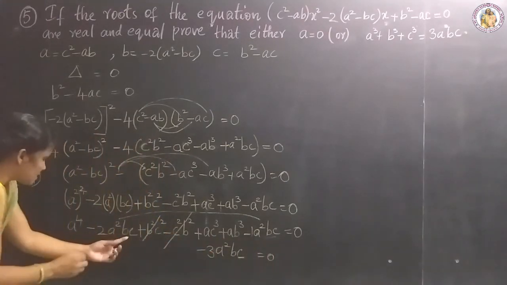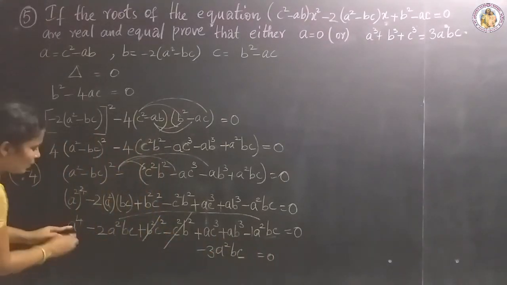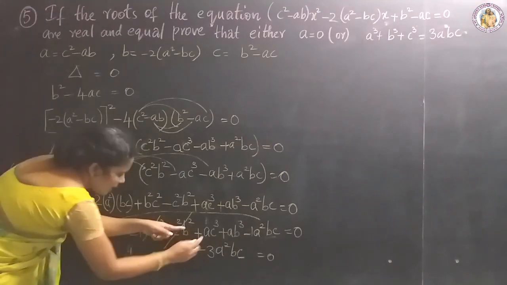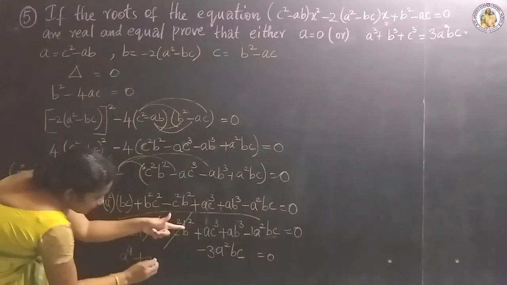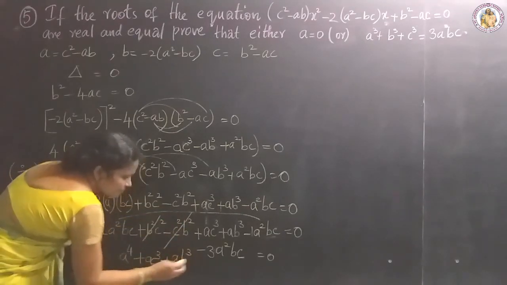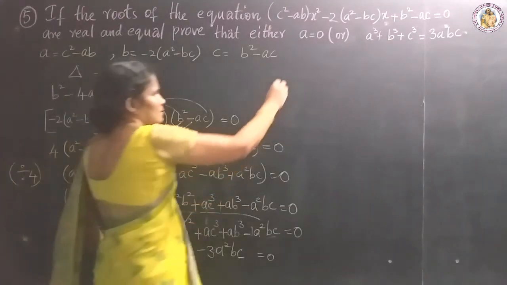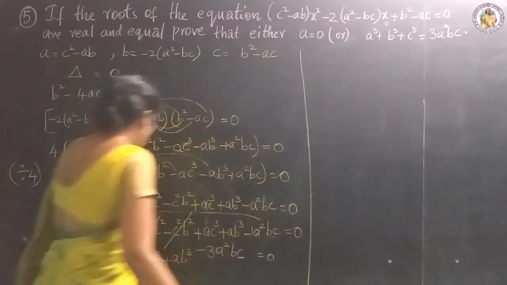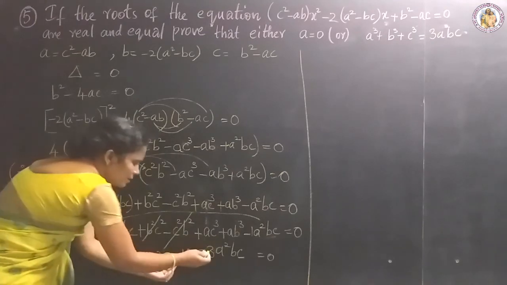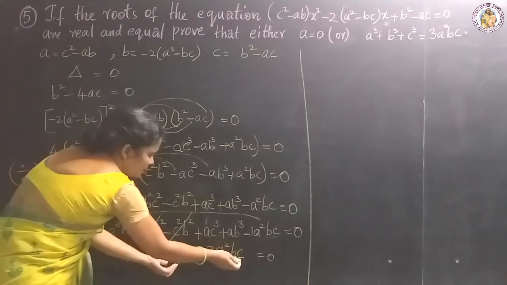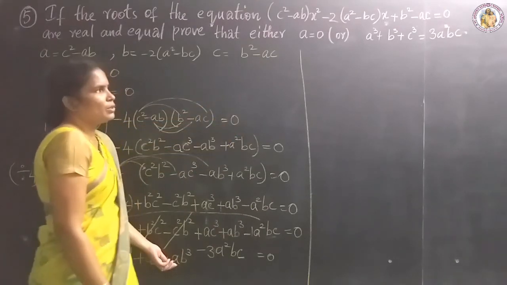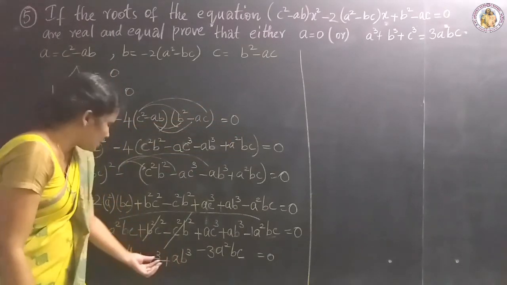Okay, and the next step, a⁴, and then plus ac³ plus ab³. And now you can find a common. Now take −3a²bc to the right side, so that we can prove that a³ + b³ + c³ is equal to 3abc.